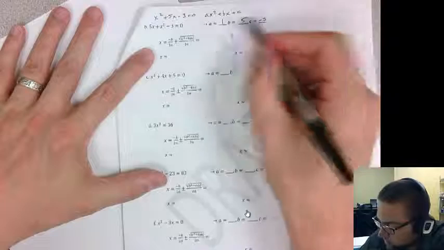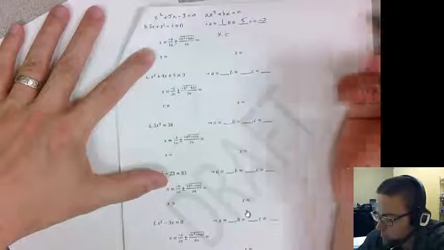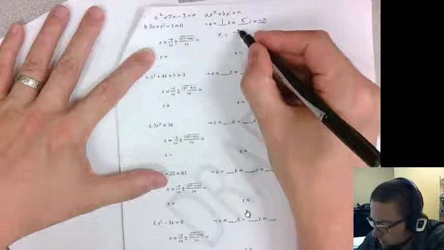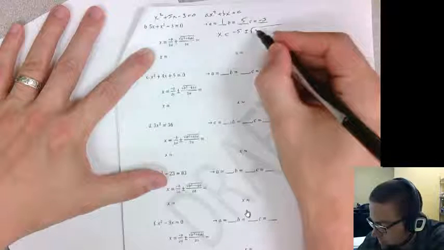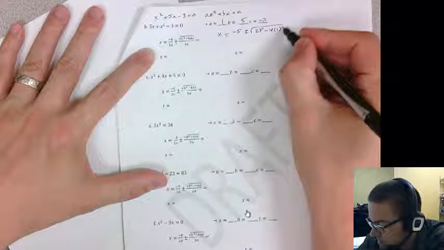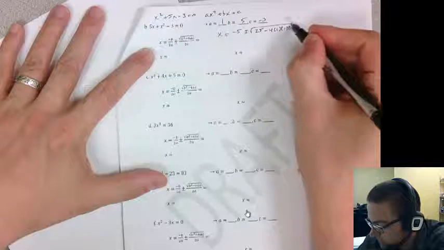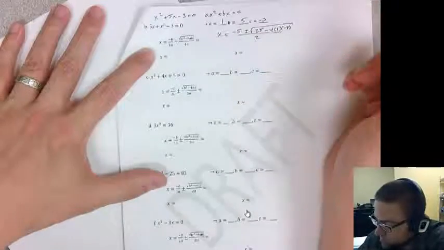Okay, so I'm going to use these coefficients in the quadratic formula to find my x values that would make this statement true. So I have negative b plus or minus the square root of b squared, so 5 squared is 25, minus 4 times a times c, which is -3, over 2a, so 2 times 1, which is 2.